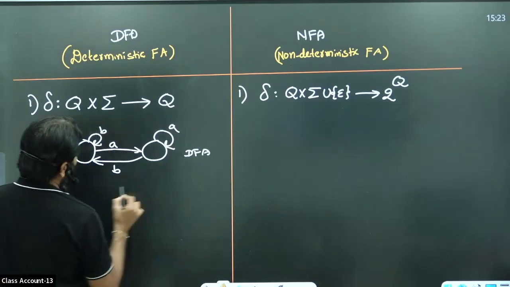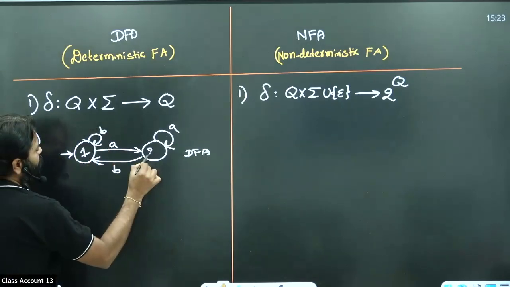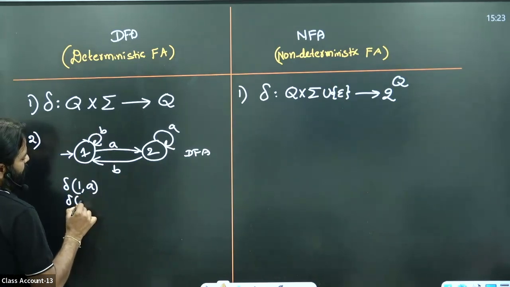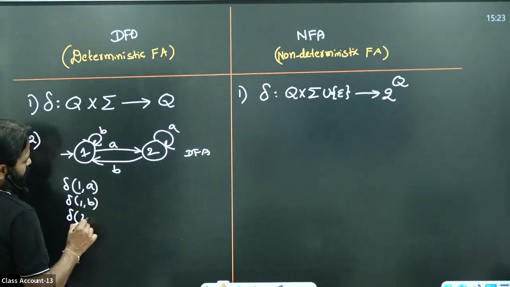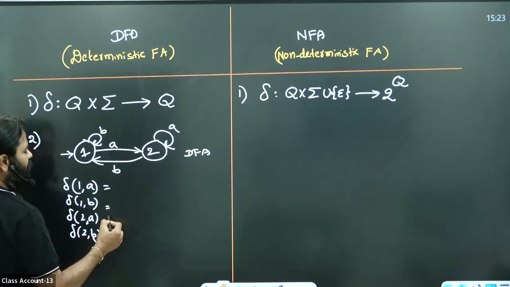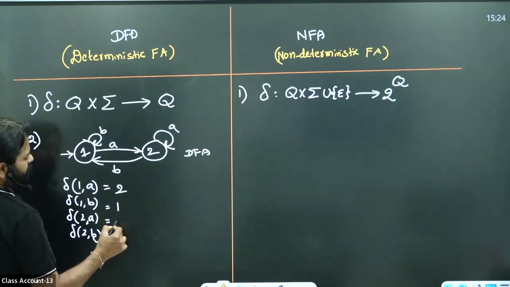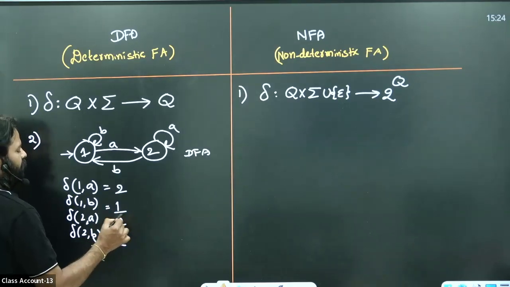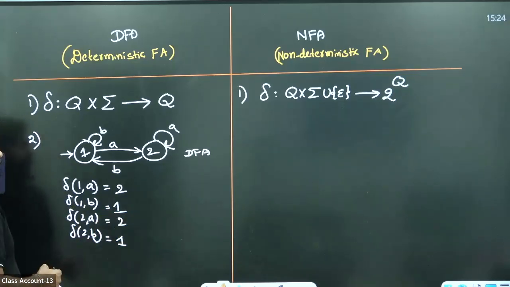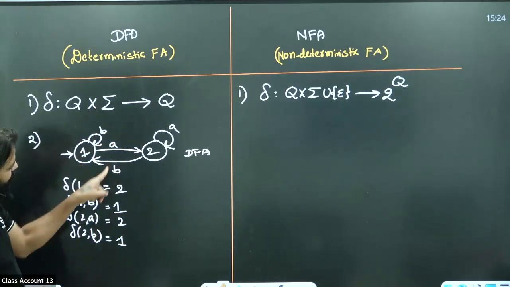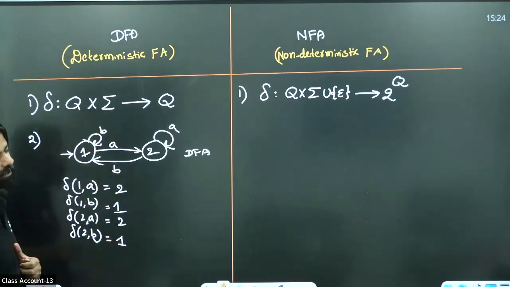The reason is, if you assume these are states 1 and 2, then 1 comma A, 1 comma B, 2 comma A, 2 comma B, you have exactly one transition. Yes or no? From every state, for every input symbol in sigma, you will have exactly one state. The definition is exactly matching here.